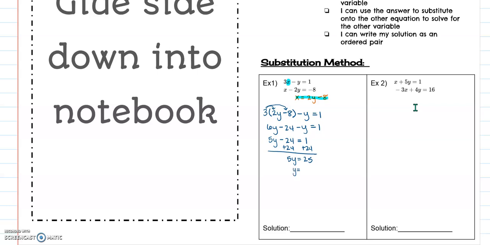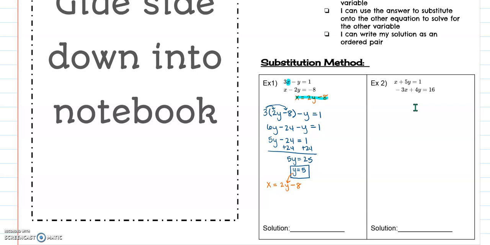That is our first variable. Now we can use that and substitute back into that equation that we changed, x equals 2y minus 8. I can put this y in, substitute it into the y spot.